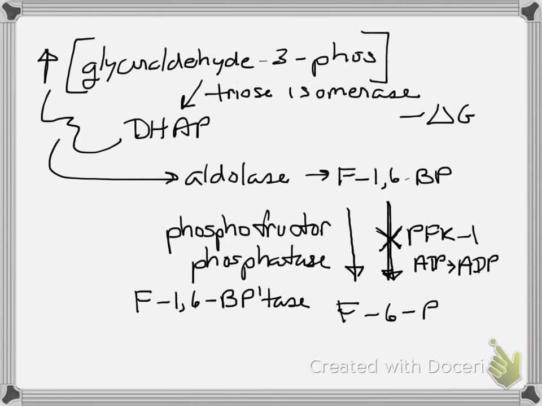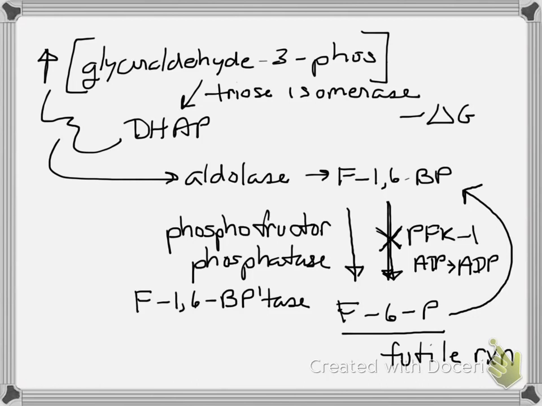Now, again, because now we have a substrate for PFK1, we have a potential of PFK1 reversing this reaction. This would create another futile reaction, a futile loop.